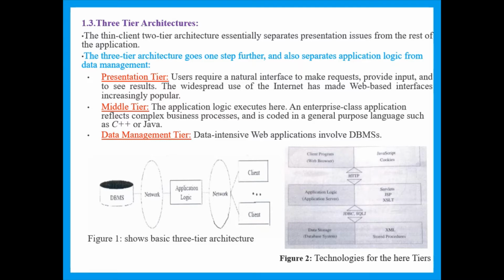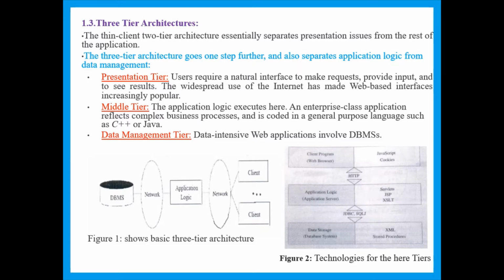Figure 1 shows the basic three-tier architecture. In the presentation tier, users require a natural interface to make requests, provide input, and see the results. In the middle tier, the application logic executes. An enterprise-class application reflects complex business processes and can be coded using a general-purpose language such as C++ or Java.